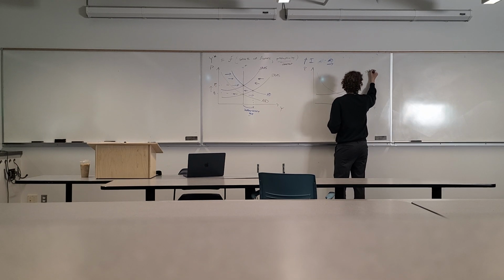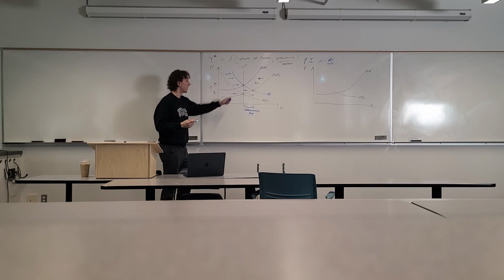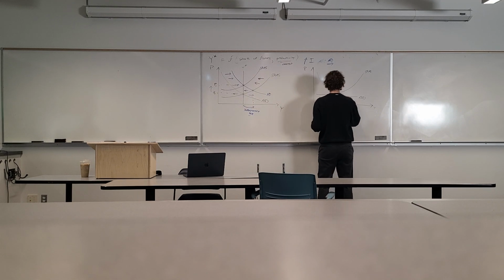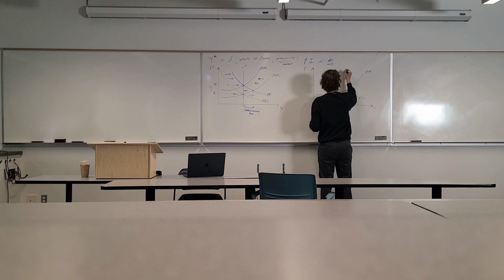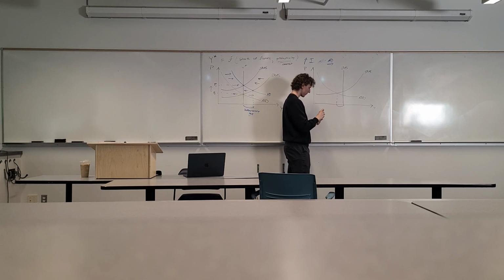So don't worry about why it was caused. There's a bunch of reasons. Maybe there's either a demand or supply shock of some kind that moved us off our long-run equilibrium. So now there's a recessionary gap, let's say. This is our recessionary gap right here.